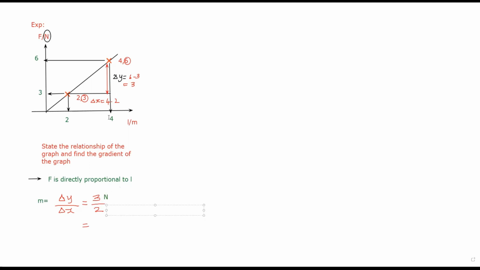What is this unit here? It is in meter. So don't forget to put the unit. So you get 1.5 Newton divided by meter, Newton meter minus 1. Because of the divide, we use minus 1.